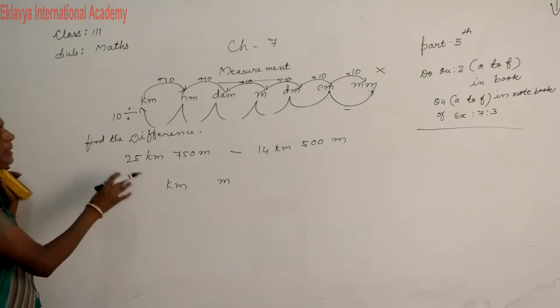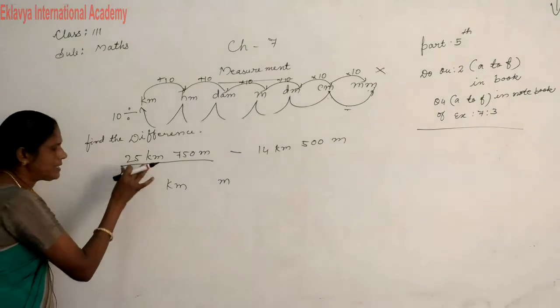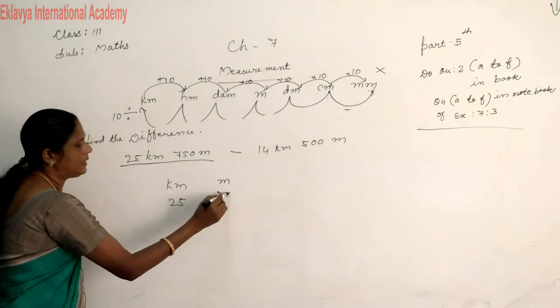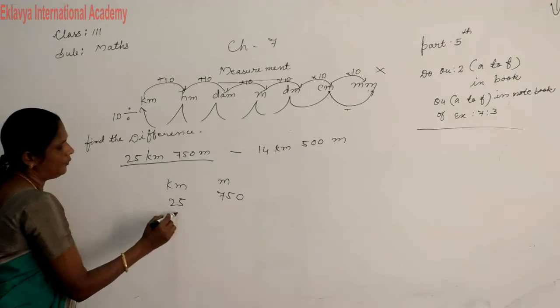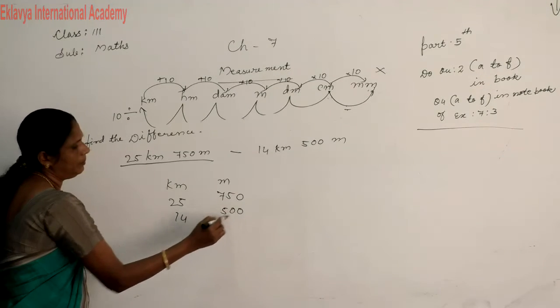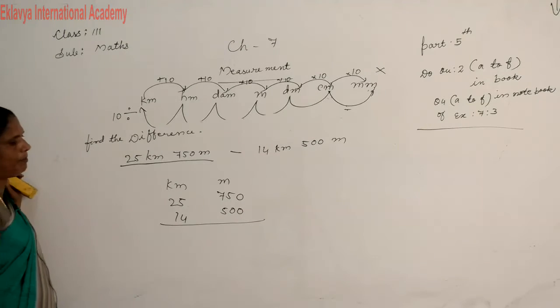Which number is greater? 25 is greater. You write this number first: 25 kilometer 750 meter, then 14 kilometer 500 meter. Then you subtract these numbers.